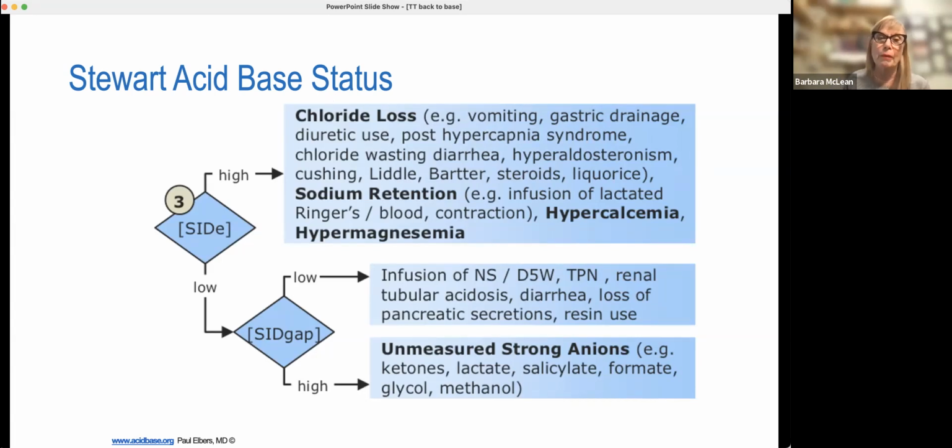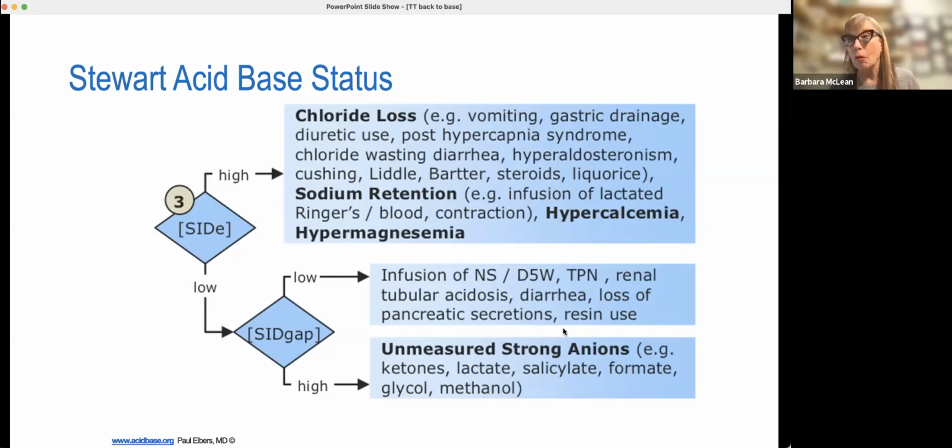Now here we're just talking about the strong ion gap, and that's taking in all of the ions. Remember, we're looking at all of the ions that we aren't actually measuring or calculating on when we're looking at our base. We just want to consider that in the process of our patients. I do want to remind you about these really strong anions.